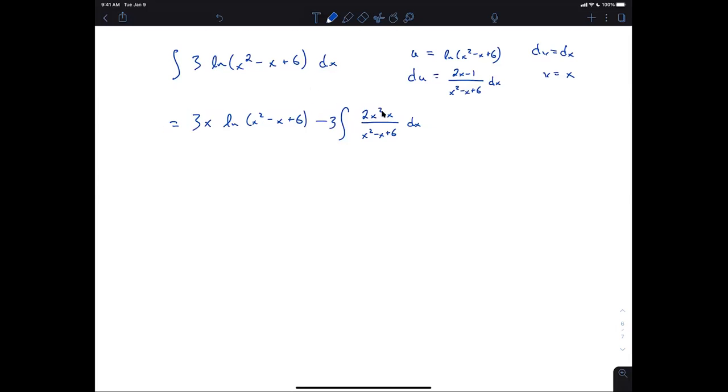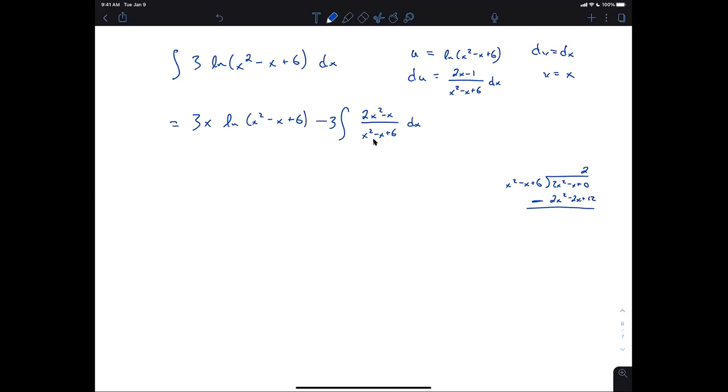This is now a problem where the degree of the top is equal to the degree of the bottom, so we should do long division. So we're going to go over to the side and do x squared minus x plus 6 into 2x squared minus x. And then we'll put a plus 0 there so we have a spot for everything. And that's 2. So then you get 2x squared minus 2x plus 12.